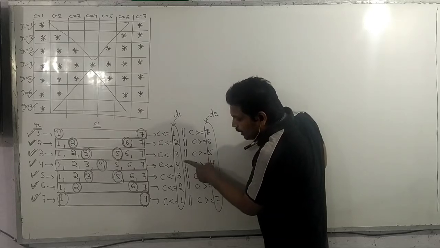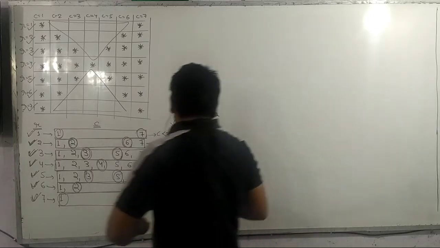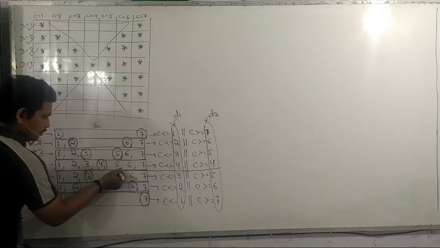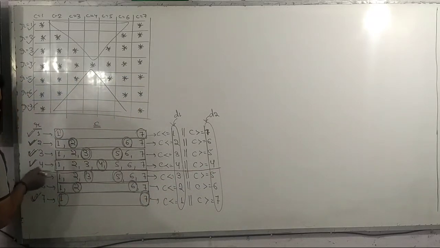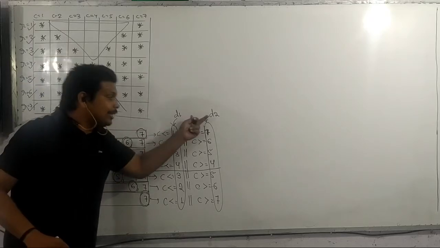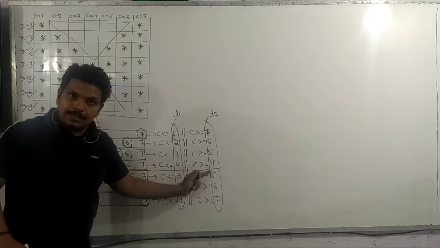But after 4 it is becoming 3. So, after 4, draw the line. Yes. So, if R is less than or equal to 4, the value of D1 should increase and the value of D2 should decrease.